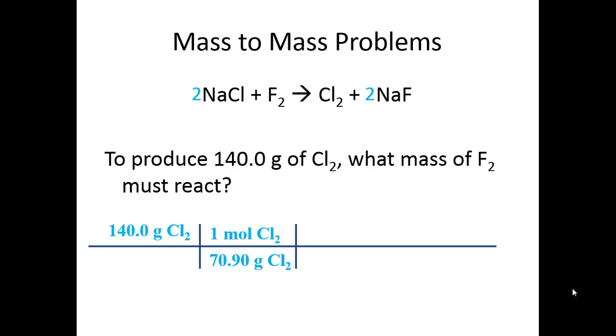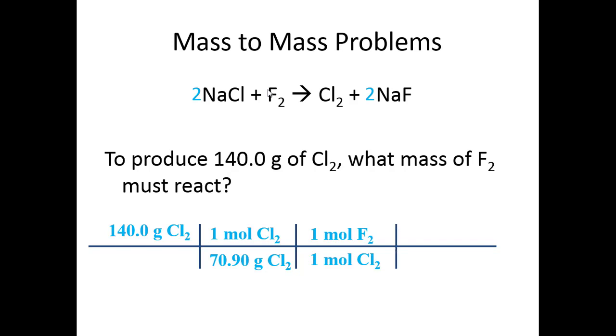Now that we've canceled our grams, we're ready to go from moles of what we know to the moles of what we want. So now we're going to look at our equation. Look at chlorine, there's 1 mole here. And then we look at what we want, the mass of F2, and there's 1 mole here. It's a 1-to-1 ratio.